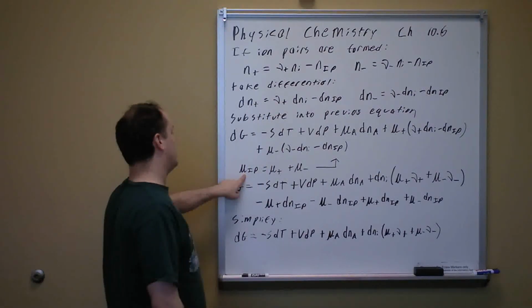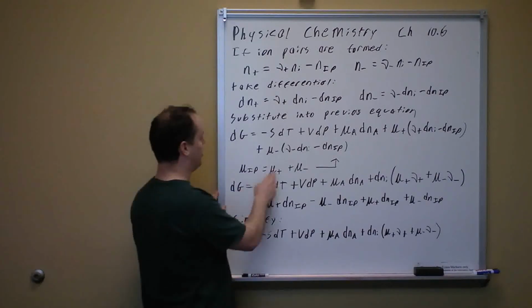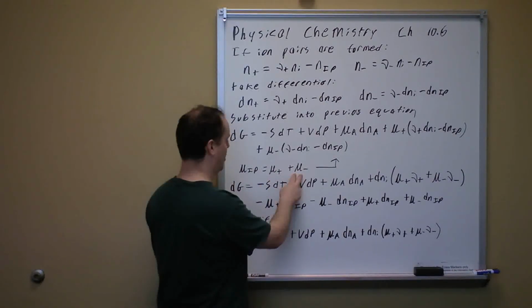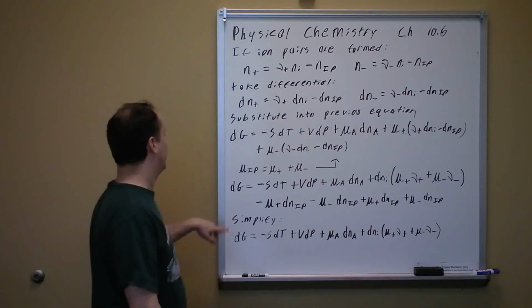Now, the chemical potential of the ion pairs is just equal to the chemical potential of the cations plus the chemical potential of the anions.